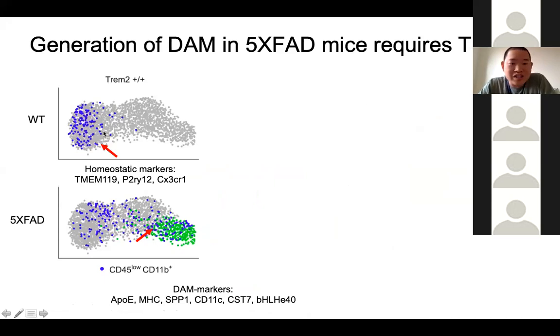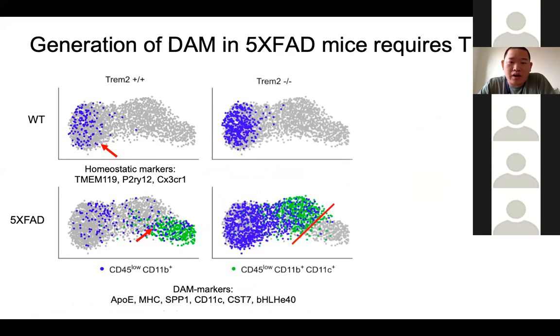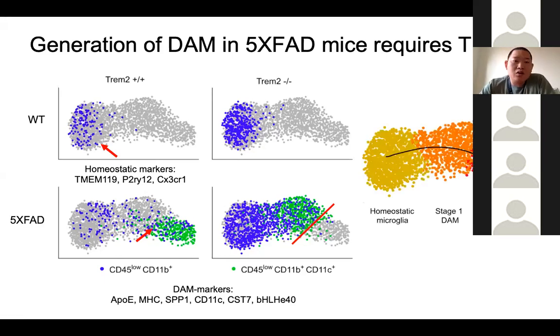Microglia transition from the homeostatic to stage 1 DAM in a TREM2-independent fashion. Then microglia switch from stage 1 DAM to stage 2 DAM through TREM2-mediated signals, suggesting that generation of the terminal stage of DAM in 5XFAD mice requires TREM2.